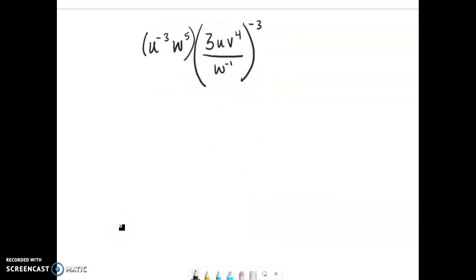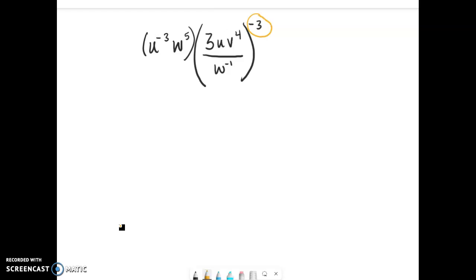So this problem is to simplify, and we have u to the negative 3, w to the 5th, multiplied by this expression to the negative 3rd. So I'm going to work first with this exponent. Before I do any multiplication here, we always follow the order of operations.